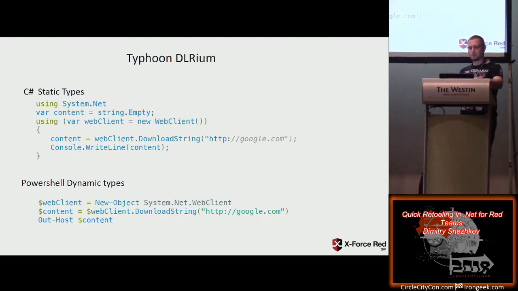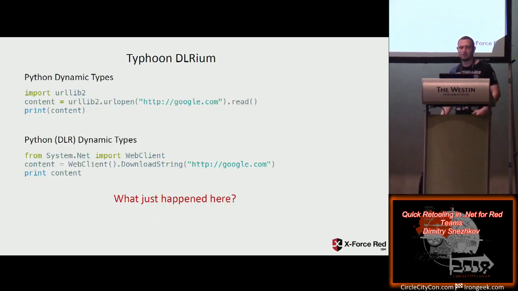And so you can see how easy it is to do in PowerShell. Well, in CPython, you would import your URL library, you would go to Google directly, you would print the content. It's comparable to PowerShell, it's very easy, it's very dynamic. And so is in the DLR, right? All you do is you bring exactly the same web client as you would in C# or PowerShell, and you go to that google.com and you bring that page.